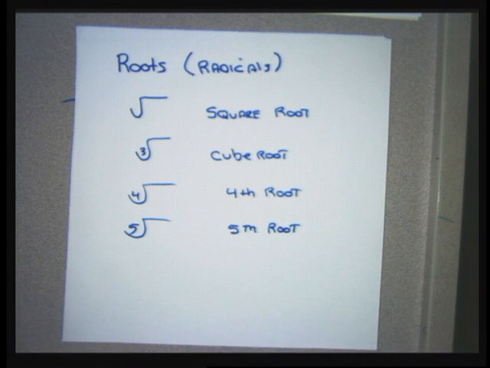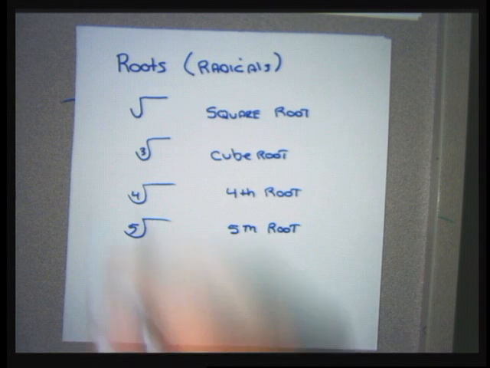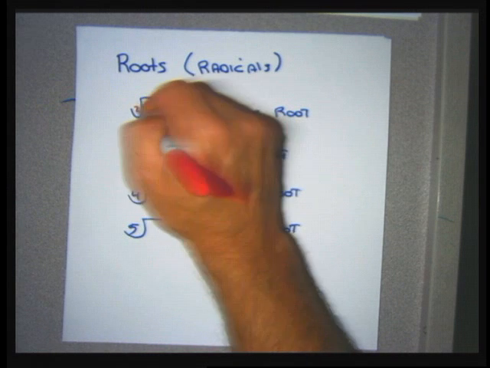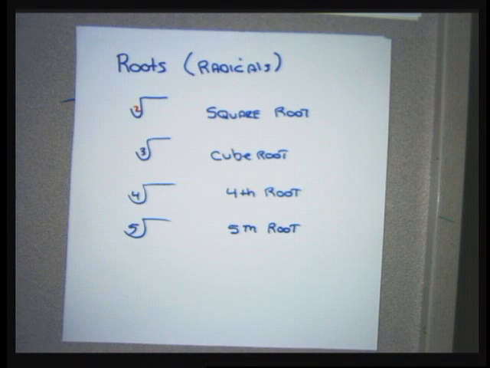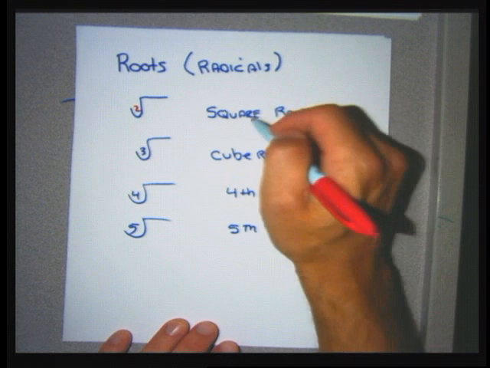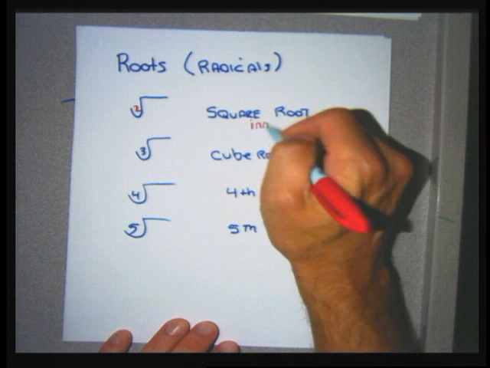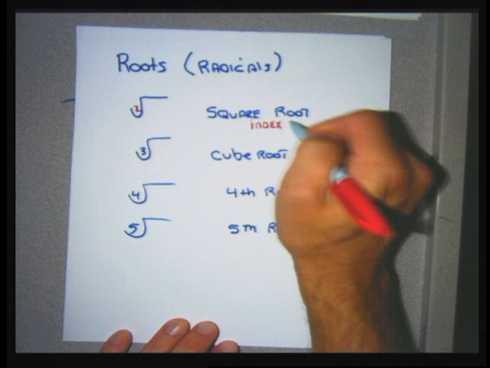And then you'll notice that most of the radicals that I wrote had numbers, and there's an implied number in the square root that's not a 1. The implied number in a square root is called a 2. Each of the numbers that I wrote is called the index. So in a square root, we say the index is 2.